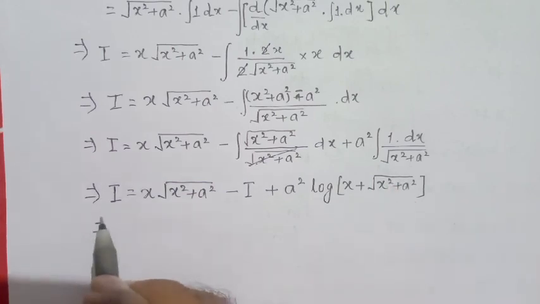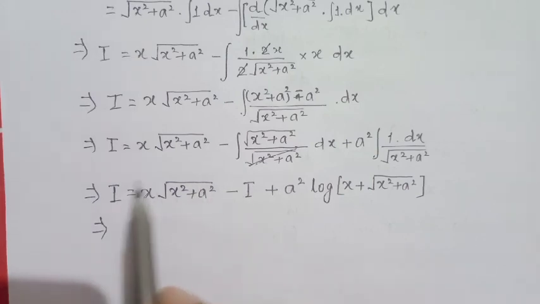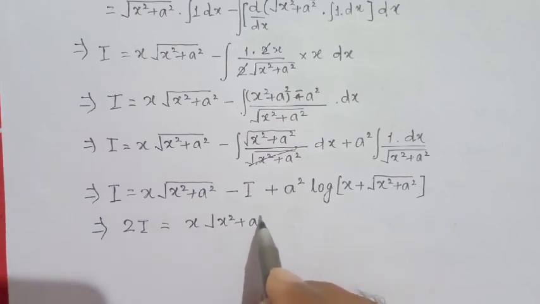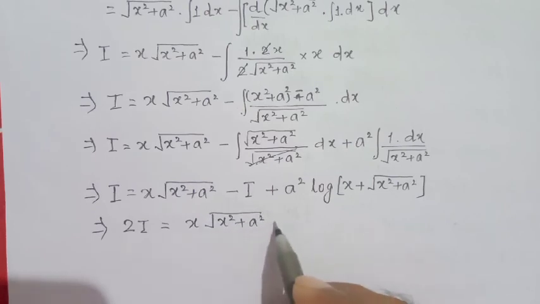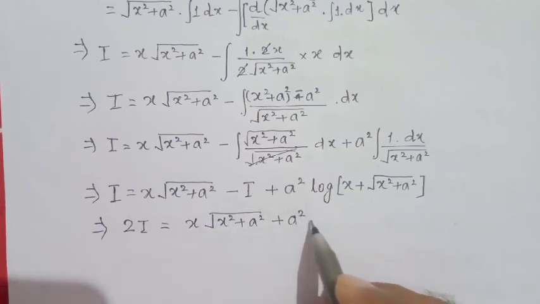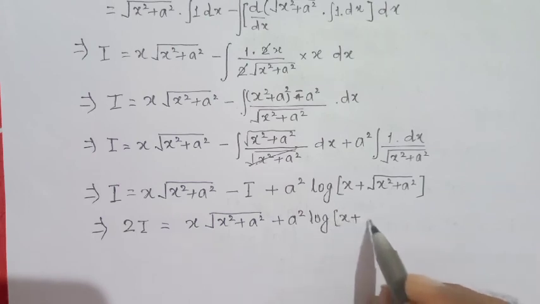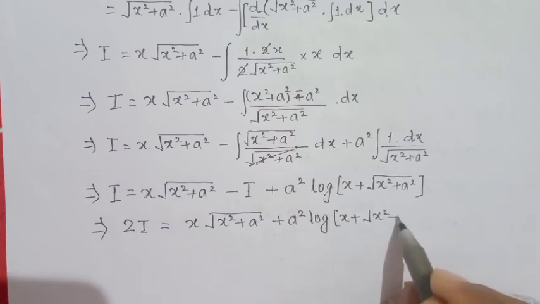Just like previous problems, this I comes to the left side and becomes 2I is equal to x under root x square plus a square plus a square log of x plus under root x square plus a square.